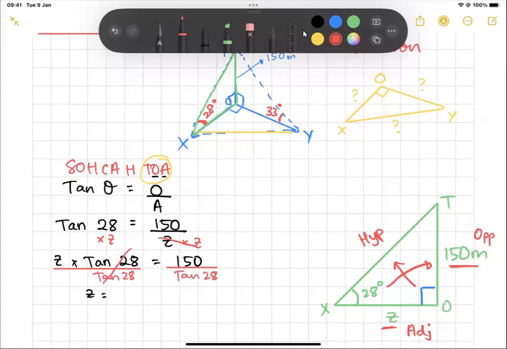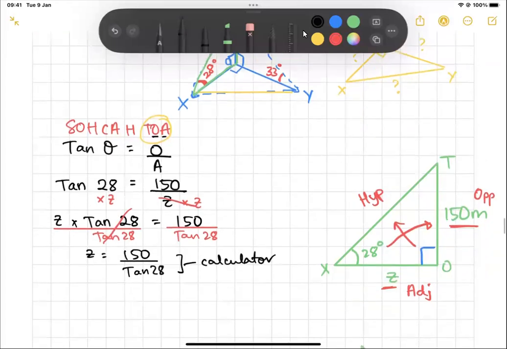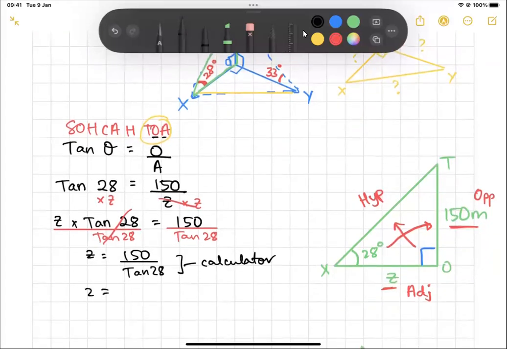Super easy using the algebra skills here. And then what you get is 150 over tan 28. Just got to put this into the calculator, and you should get, for Z, 282.11 meters.